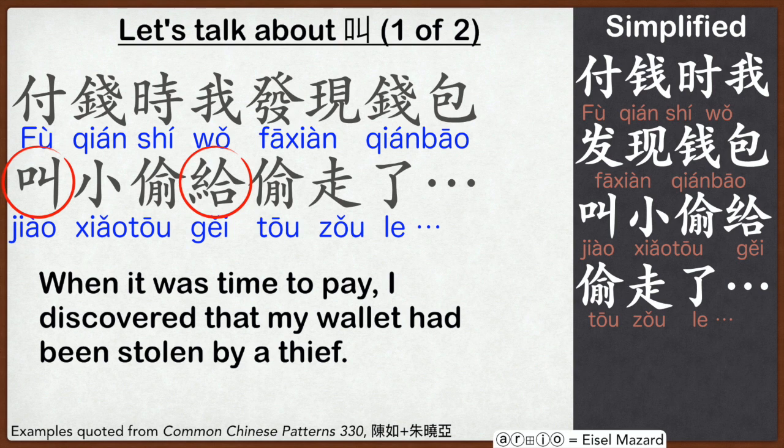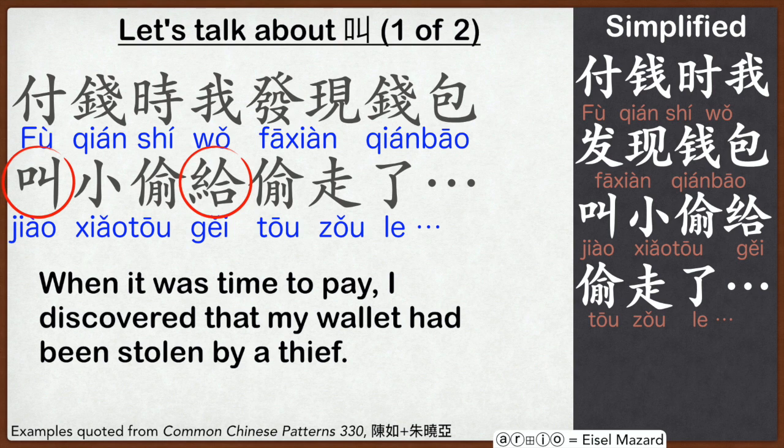So if you don't know 钱包, no big deal, but it's a simple noun. You can guess because you probably know the word 钱. So 钱包 is wallet or something like that. A wallet, I think it could also be a purse. Anything that contains money like that. I discovered that my wallet had been stolen.